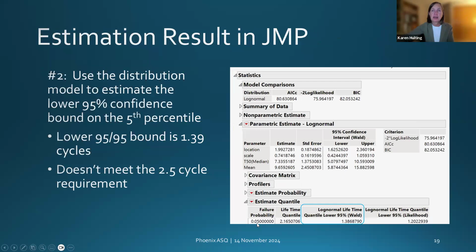And so we see that if we put in the 0.05 failure probability, that's asking for that 5th percentile. It's called a quantile in JMP. There's my 2.16, the same number that we got out of Minitab, and my lower confidence bound. JMP actually gives 2 different ways to do those confidence bounds, a Wald estimate and a likelihood estimate. This 1.38, the Wald estimate, matches what we saw in the Minitab output. And like I say, there's many options that you can change to make these line up.